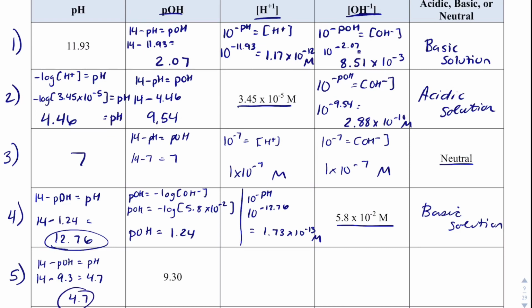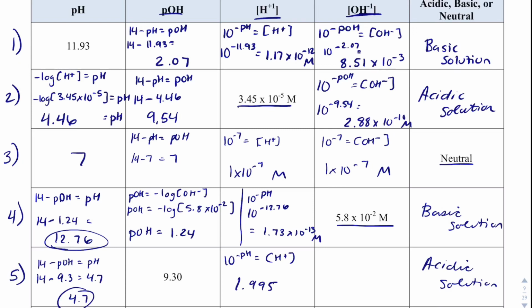So 4.7 is my answer. That's less than 7. That'll mean that this is an acidic solution. I'm going to take 10 to the minus pH to get H plus concentration. So 10 to the minus 4.7. I get, in scientific notation, 1.995.